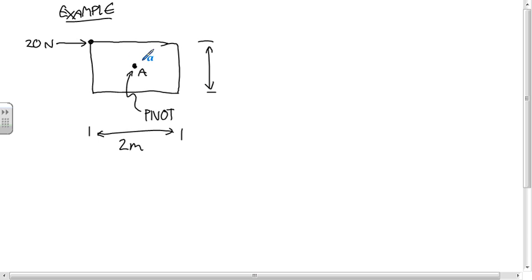Well, right now, the line between A and P is not perpendicular to the force, right? So here's the line of action of the force. It extends all the way to the right and all the way to the left, and you can move that force anywhere along that line of action. So where do we want to move that point P to? Yeah, we want to move P to right here.